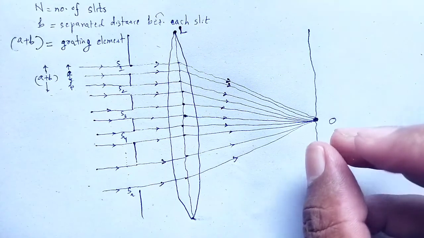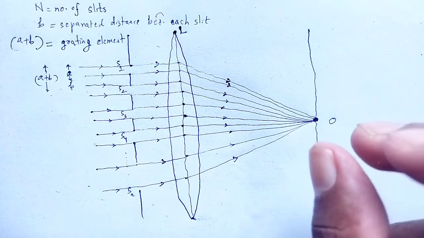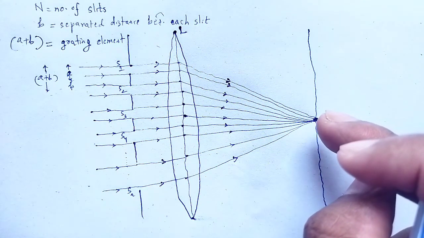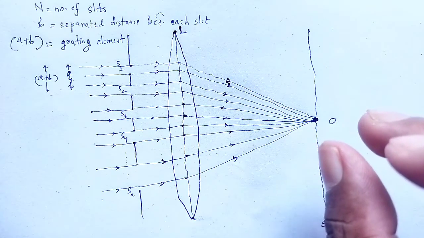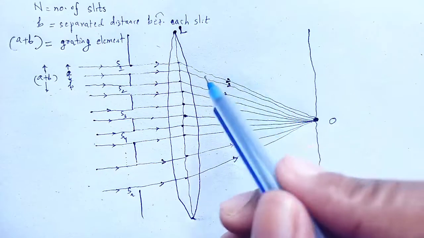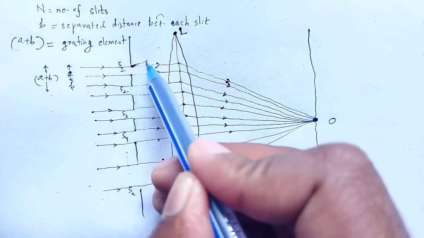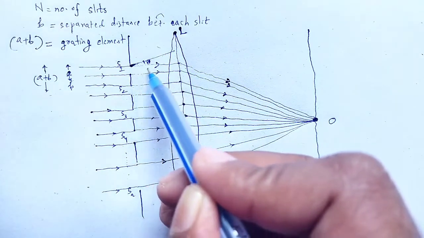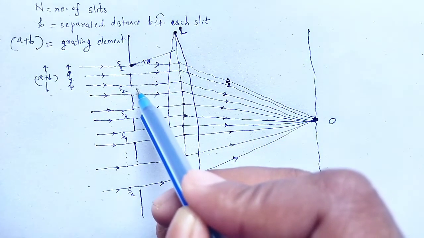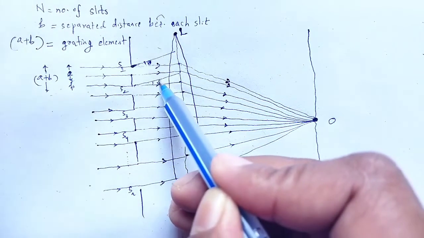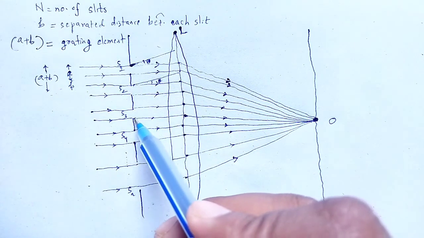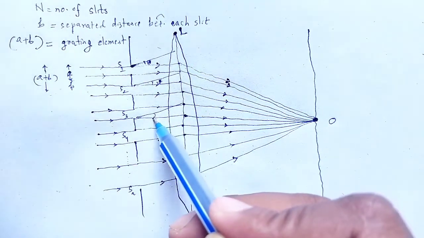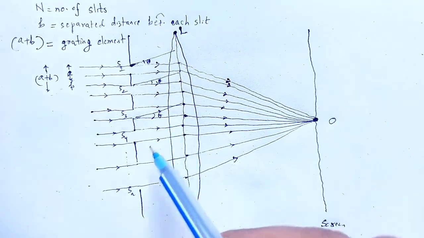At point O, we have the central bright or the principal maxima. The intensity is maximum at point O. If it is diffracted at an angle theta, again the rays are diffracted, I just show some of the basic rays at an angle theta.